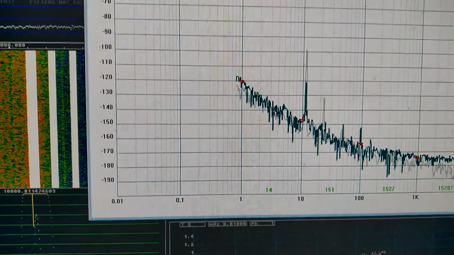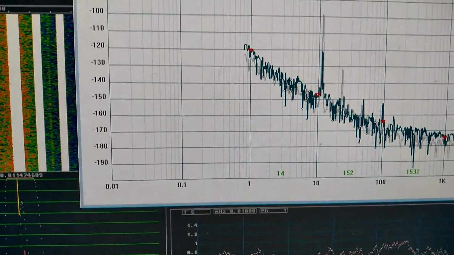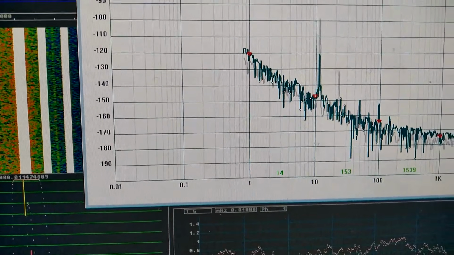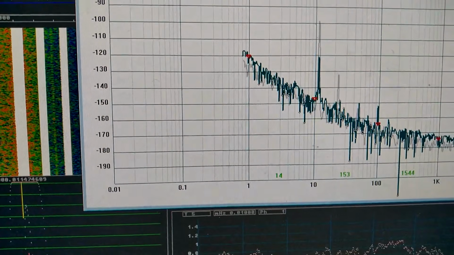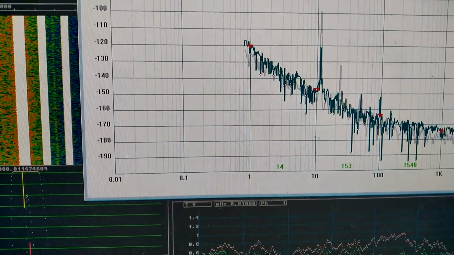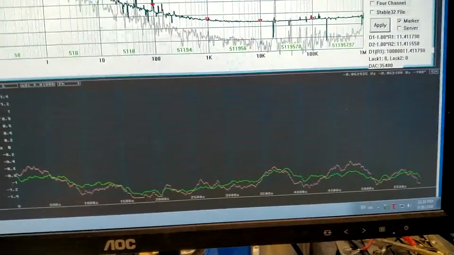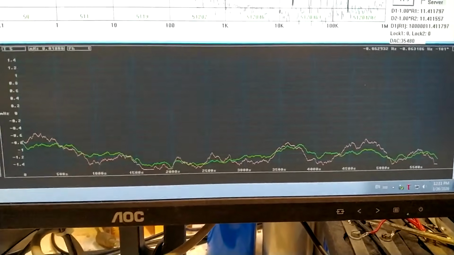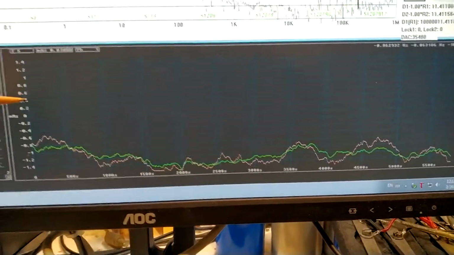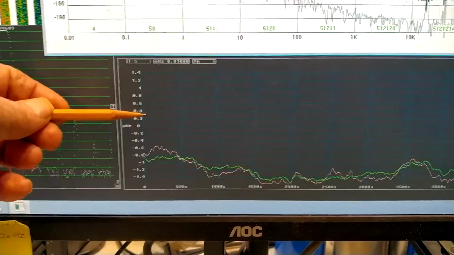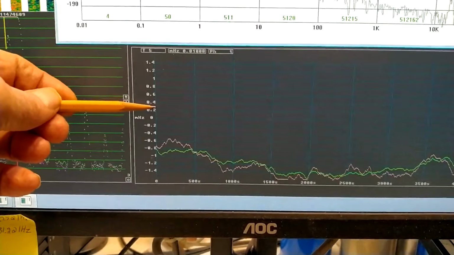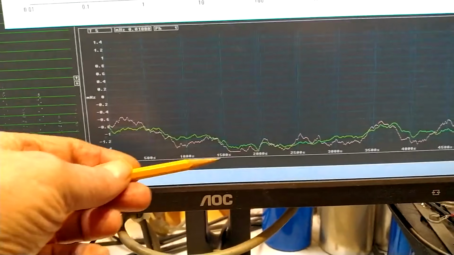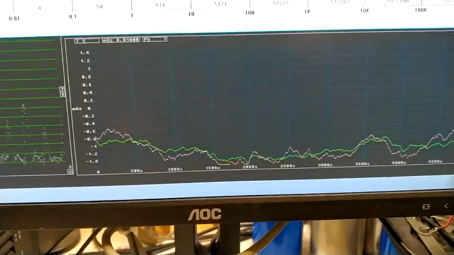But the phase noise at 1 Hz is not particularly good. And of course that frequency jump produces noise at 1 Hz offset. This has been running for about 7 hours now. The frequency has drifted from about, if I remember correctly, 0.4 millihertz to minus 1.4.